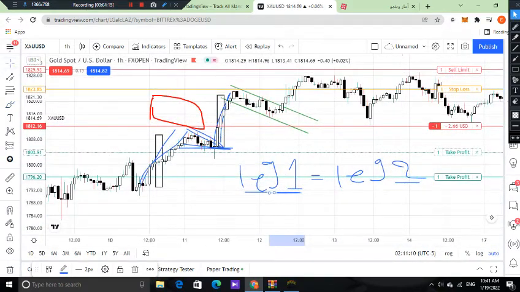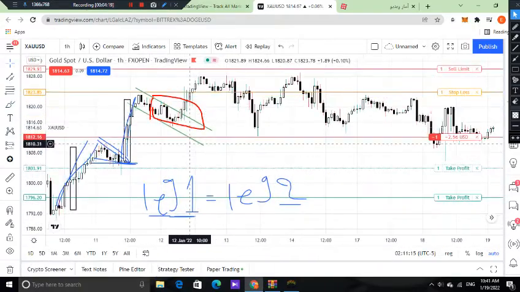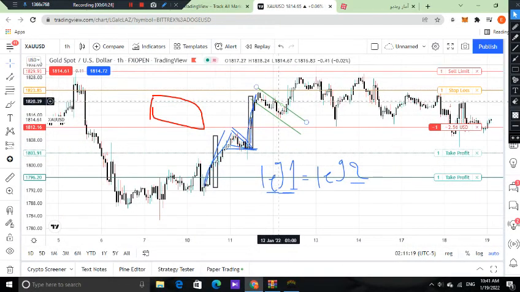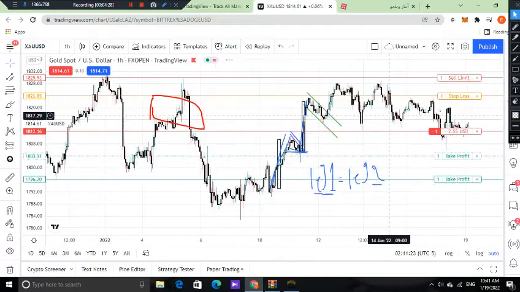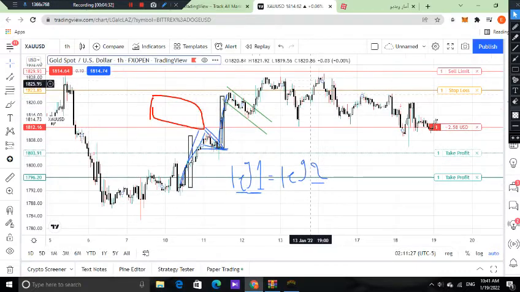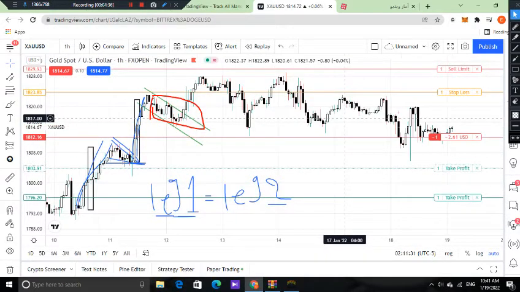What next? Okay, in this case we can conclude that price doesn't have the power, and it's not strong anymore to copy the first leg. So it's kind of helpless, and I can't expect it to go any further.